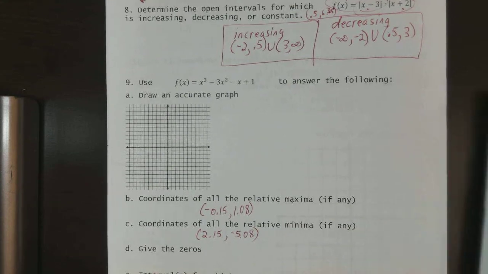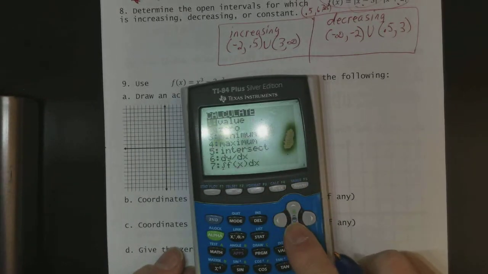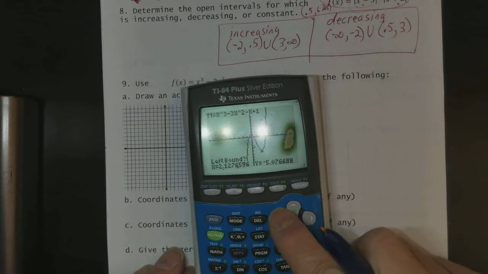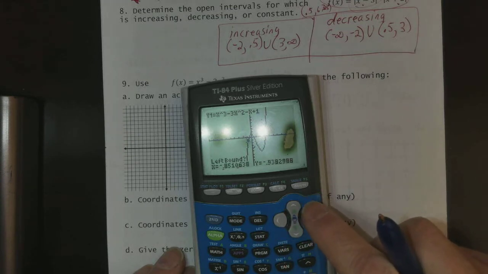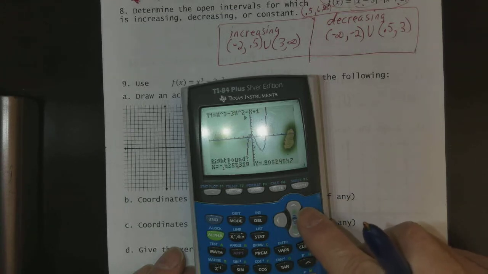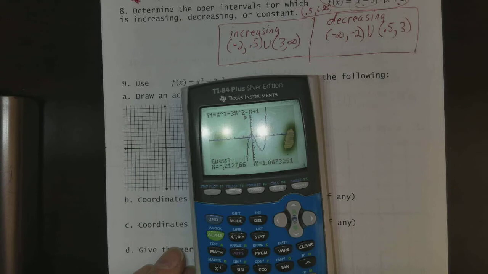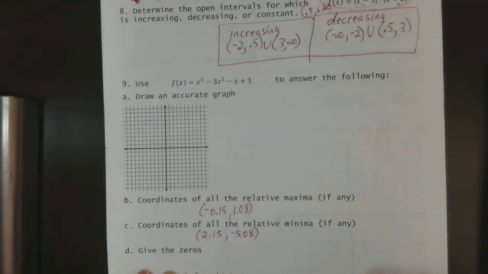All right, the zeros of this thing. All right, here's a 0. I'm going to get the far left one first. So on the left of that 0, hit enter, enter. I'm right of that 0, hit enter, guess, and negative 0.68.